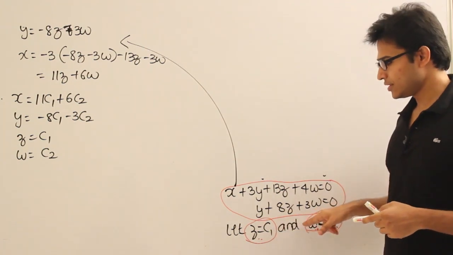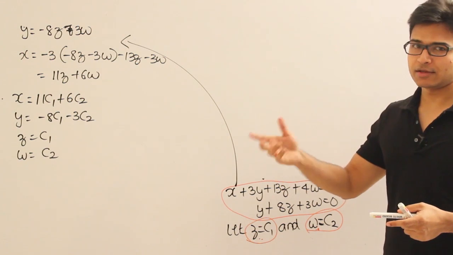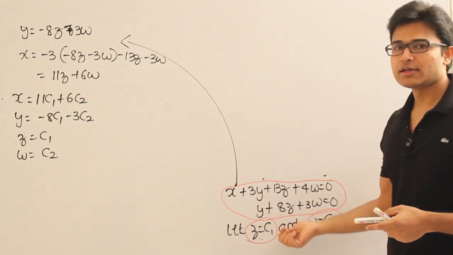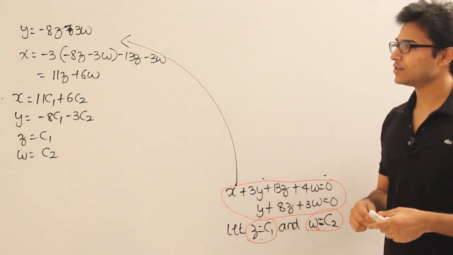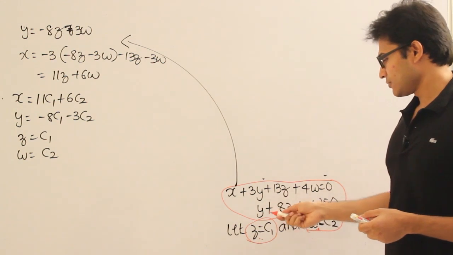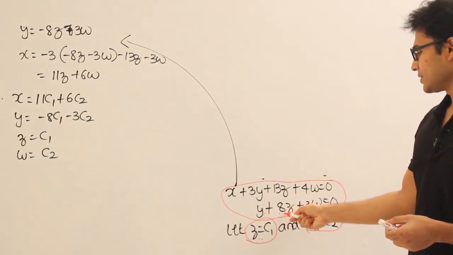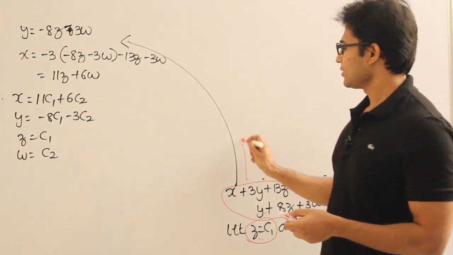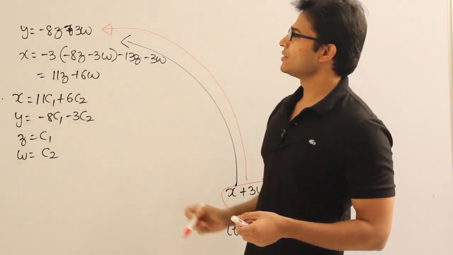For that reason I am going to write the remaining variables x and y in terms of z and w, and then substitute c1 and c2 in place of z and w. From this equation I can write y equal to minus 8z minus 3w. That is what I wrote here.